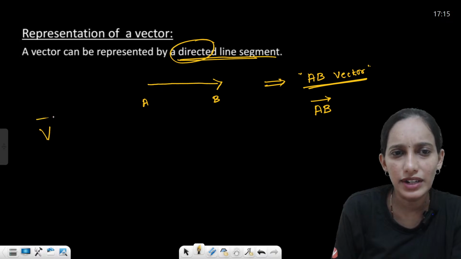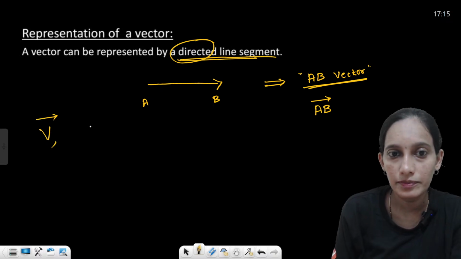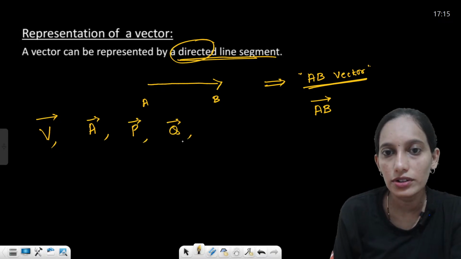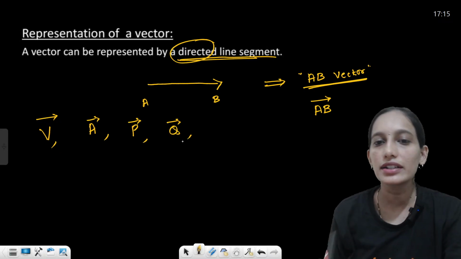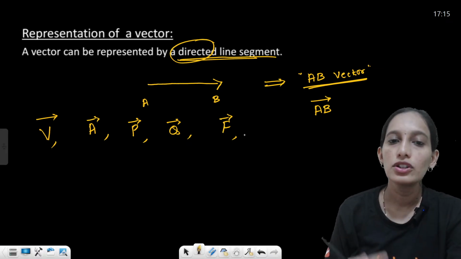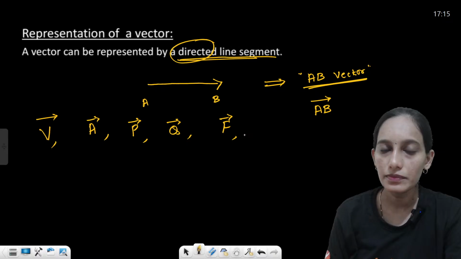Let me say some vector variable: v vector, a vector, p vector, q vector, whatever, any vector you take, force vector. Let us say F vector, nothing but force vector. Is that clear?